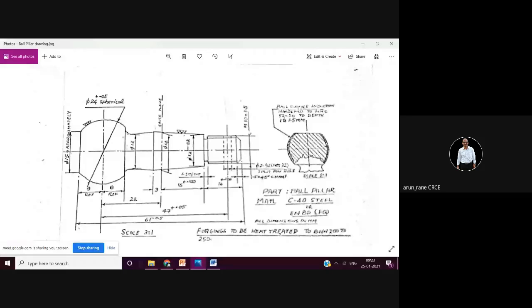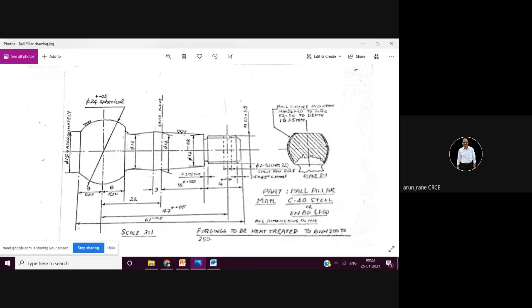Whereas suppose you do this component on thread rolling. In thread rolling, I'll teach you that process also later on, in just one rotation of the component the threading is finished. It is so fast. So that takes 5 seconds for the machining, and then loading and unloading.